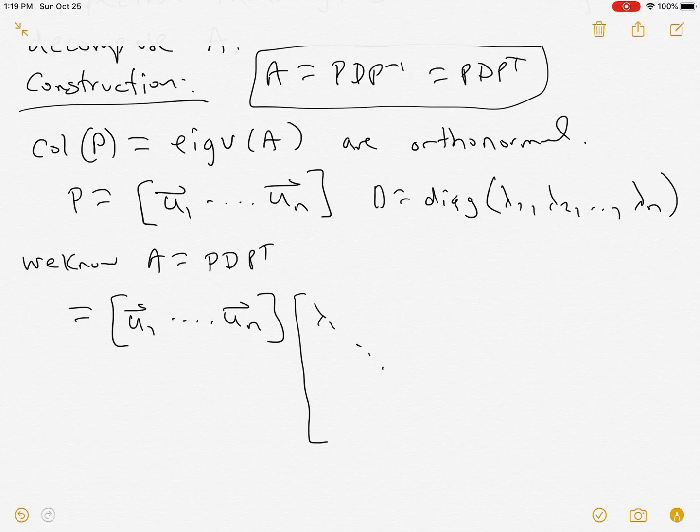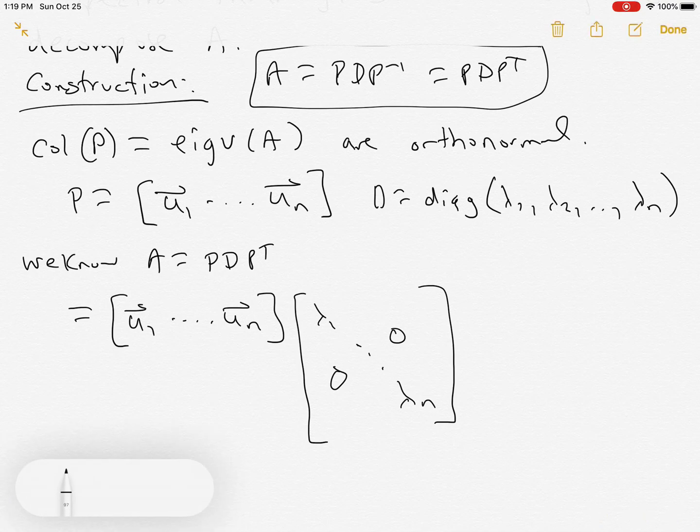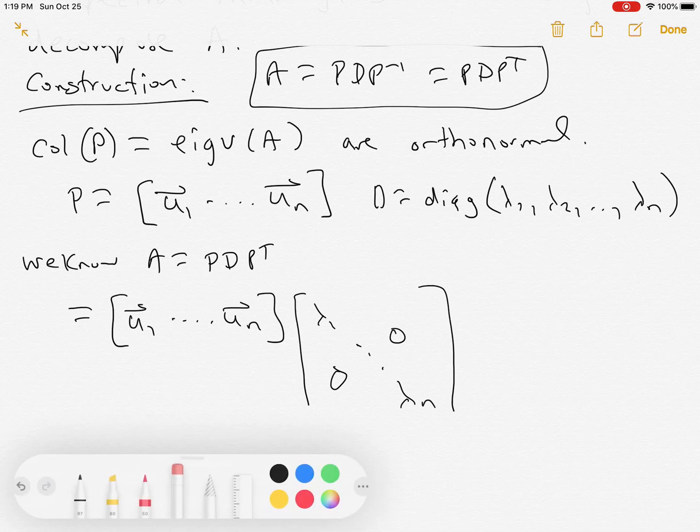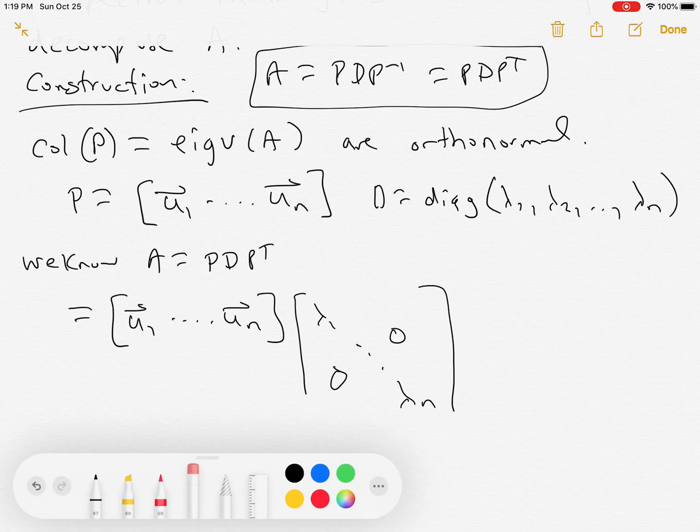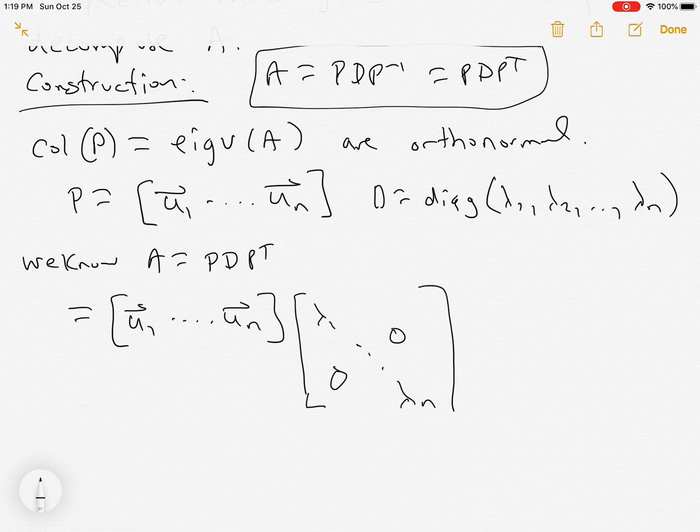It's going to be lambda 1 down to lambda n with zeros everywhere else. And then P transpose looks like this. So each one of the column vectors in P is now over here as a little transpose.